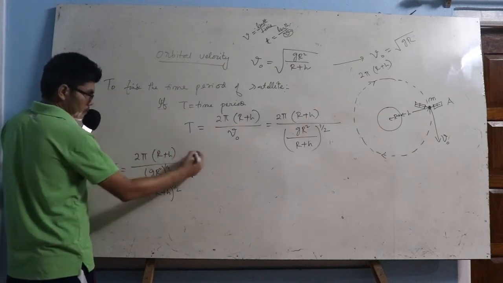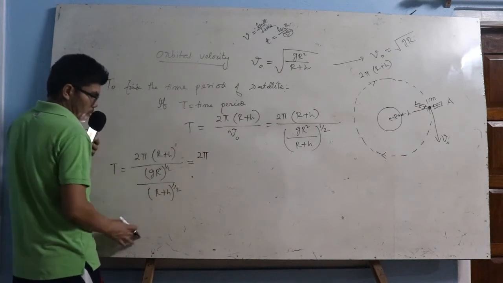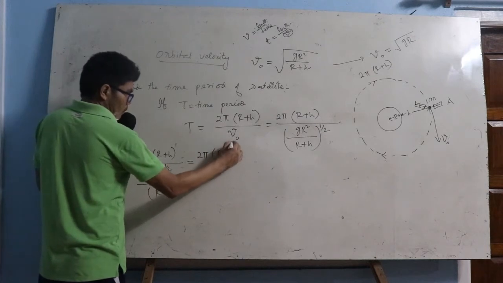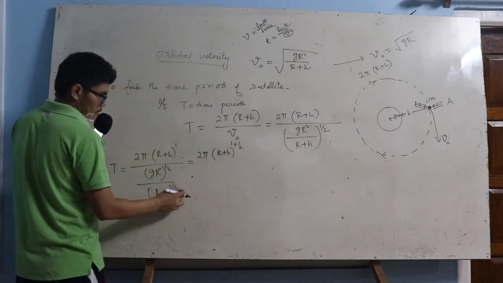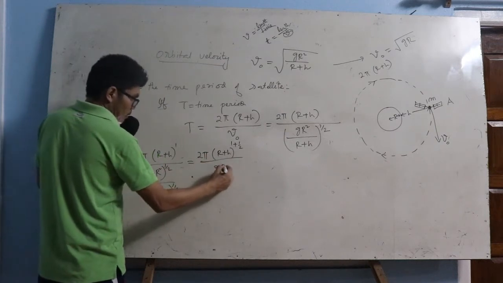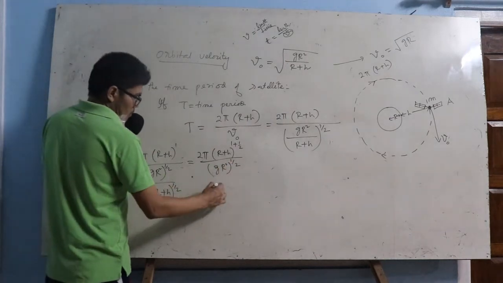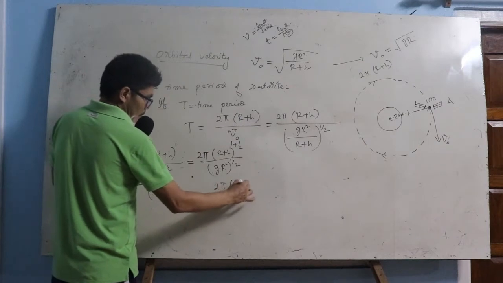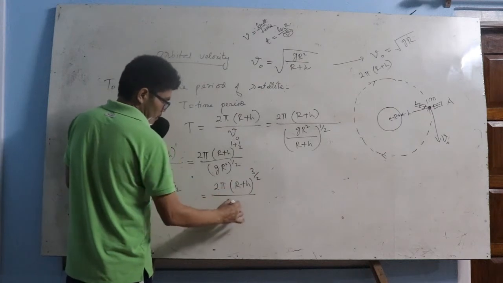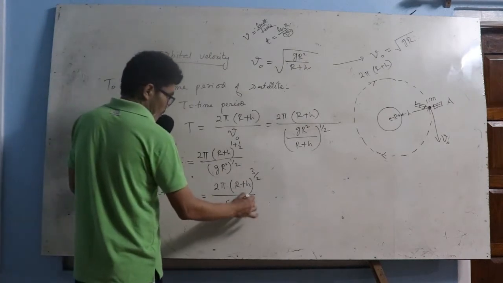Once it multiplies, you can write twice pi, and since the power is 1 here, it becomes (R plus h) to the power 1 plus 1 by 2, these will be added up, divided by this term again, gR squared whole power 1 by 2. This is equal to twice pi (R plus h) to the power 3 by 2, whole divided by (gR squared) whole power 1 by 2.